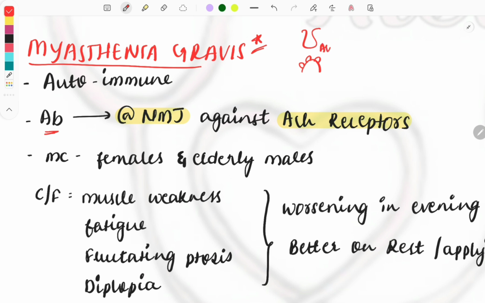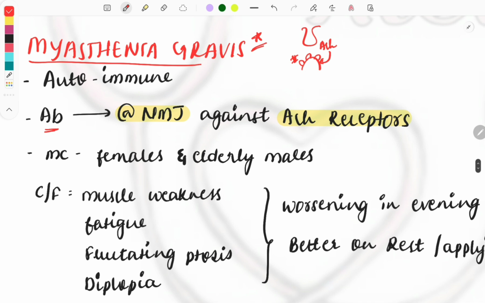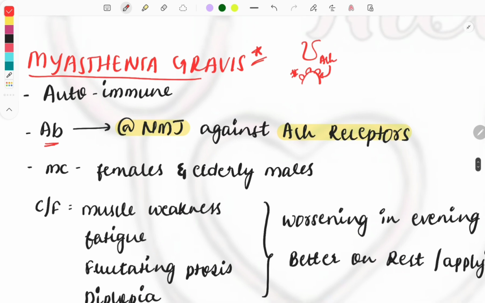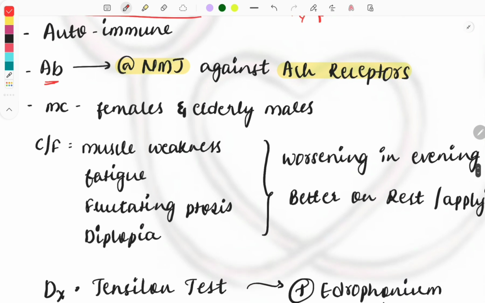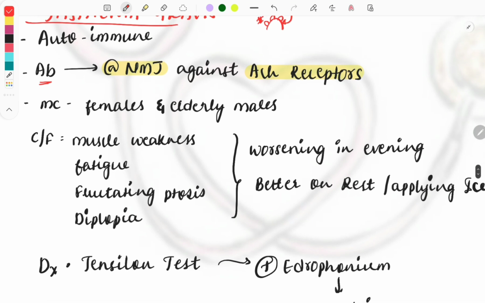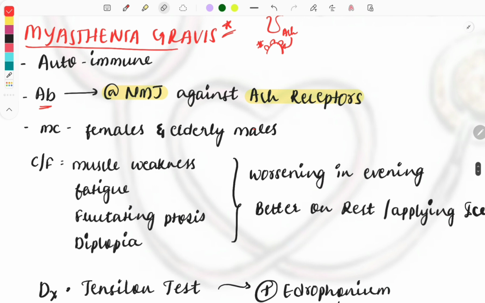So ACh will be produced, but it cannot act on the receptors because of these blockers present, that is antibodies. Okay, so what happens is that there will be constant blocking of the receptors, due to which the patient will experience muscle weakness. This is most commonly seen in young females or elderly males. Okay, young females and elderly males.